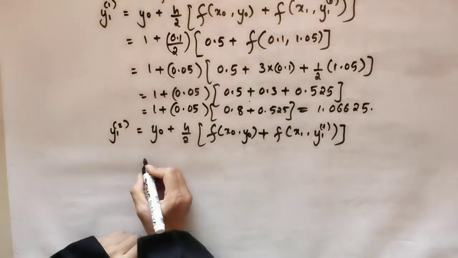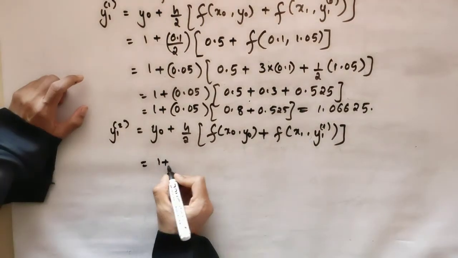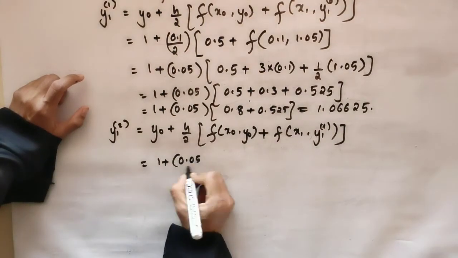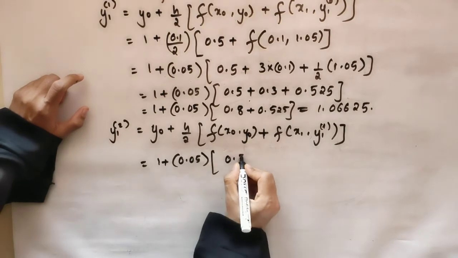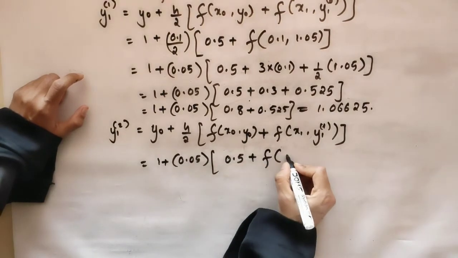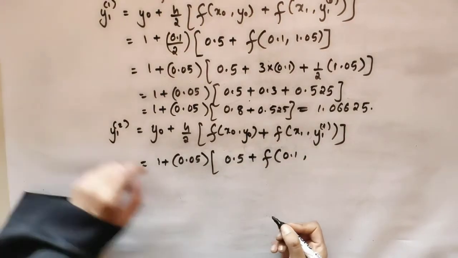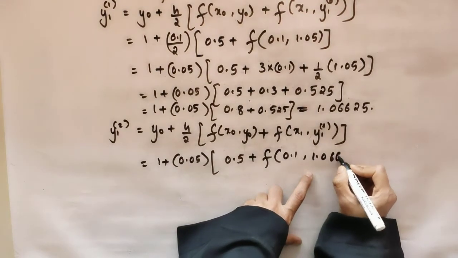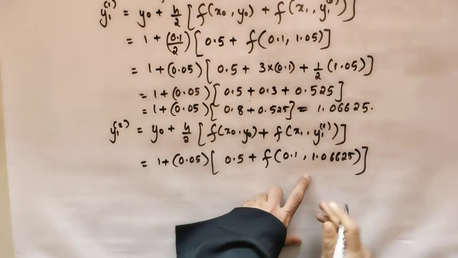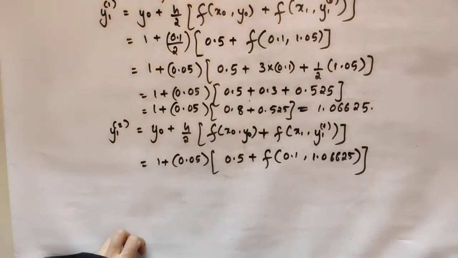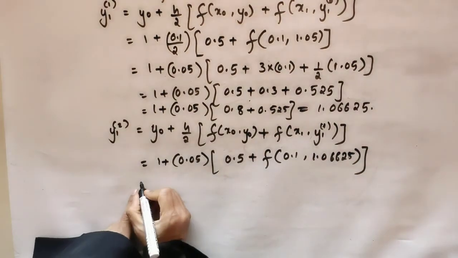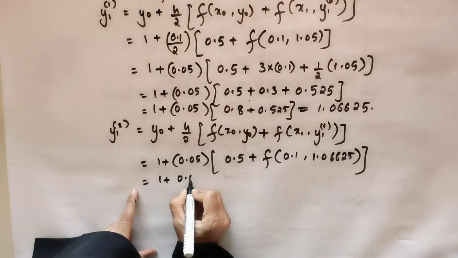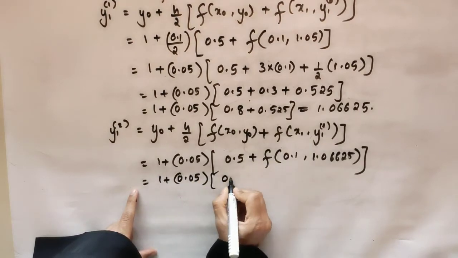So it is y0. y0 is 1 plus this value already we have written. And this value also we know, it is 0.5 plus f of x1 is 0.1 comma y1, it is 1.06625. Now when you simplify this further, it is 1 plus 0.05 times 0.5.